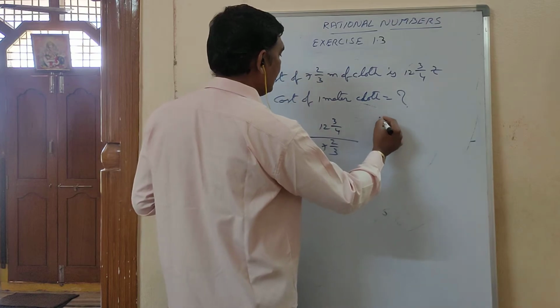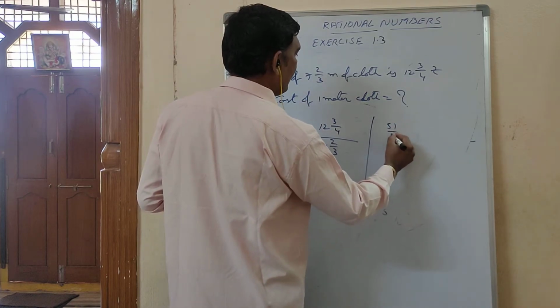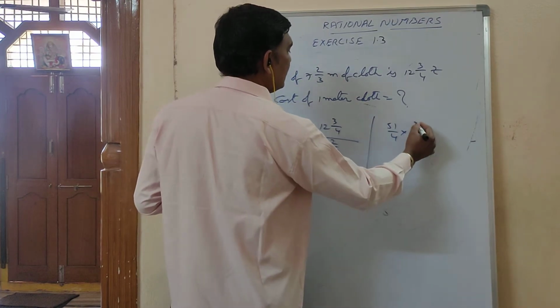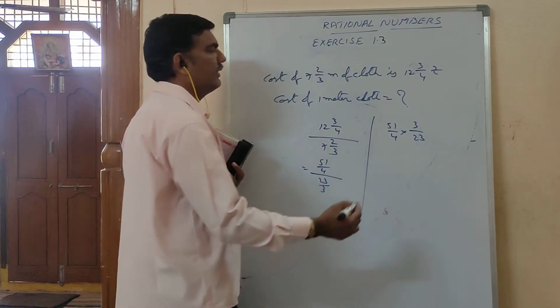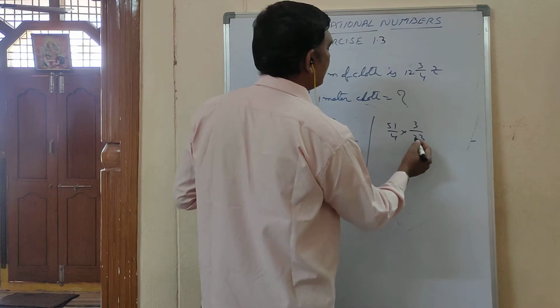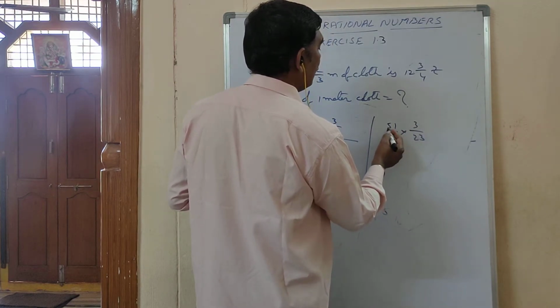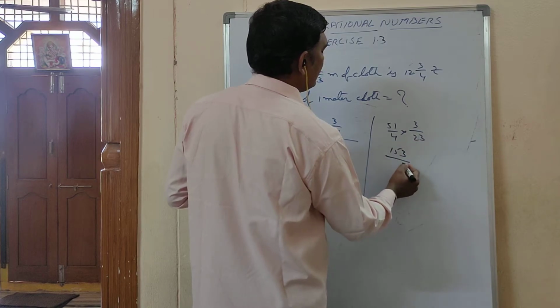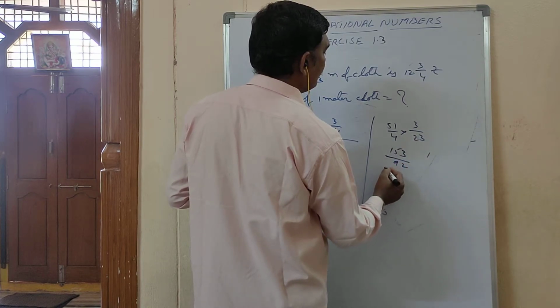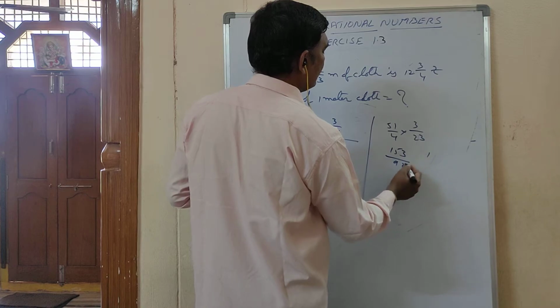Again if you reverse it, 51/4 into 3/23. Okay. Then how much are you getting? Cancellations, you can't cancel. 3 fifteens, 4 threes are 12, 2 ones, 92. Okay.